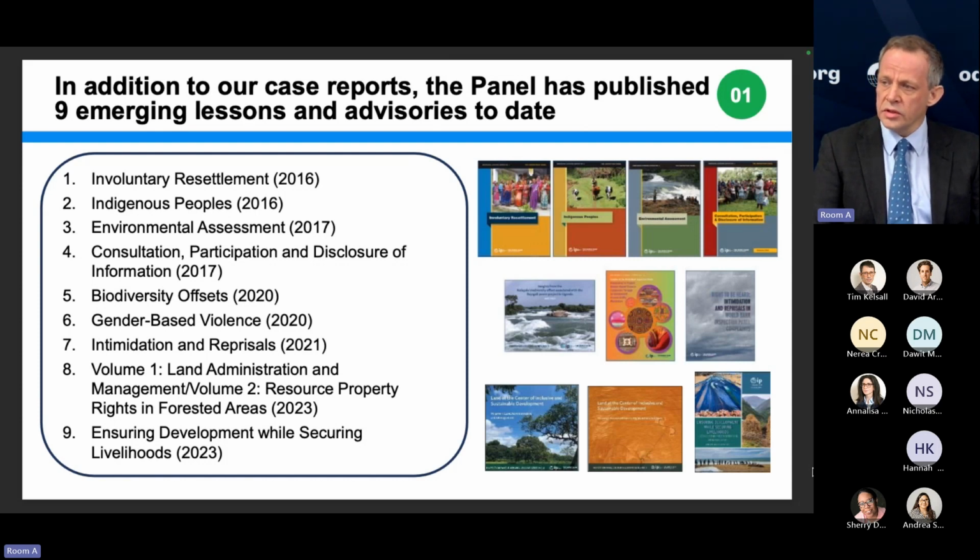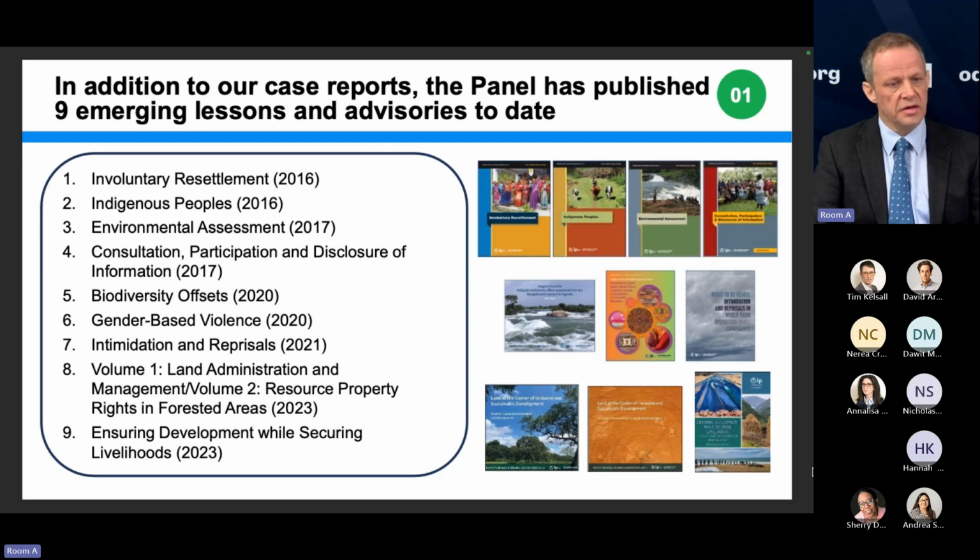But another part of what we do is produce what we call our advisories. You can see that we've produced a number since 2016. We started with the more general subject areas, involuntary resettlement, Indigenous people, environmental assessment, etc. And more recently, we focus more on specific aspects of particular projects.